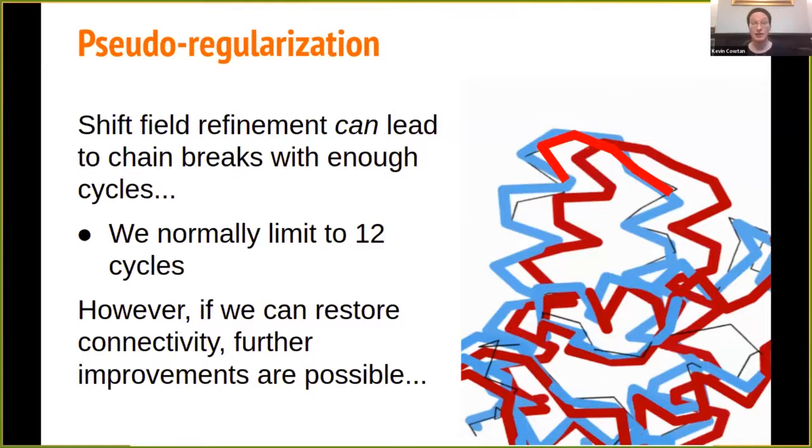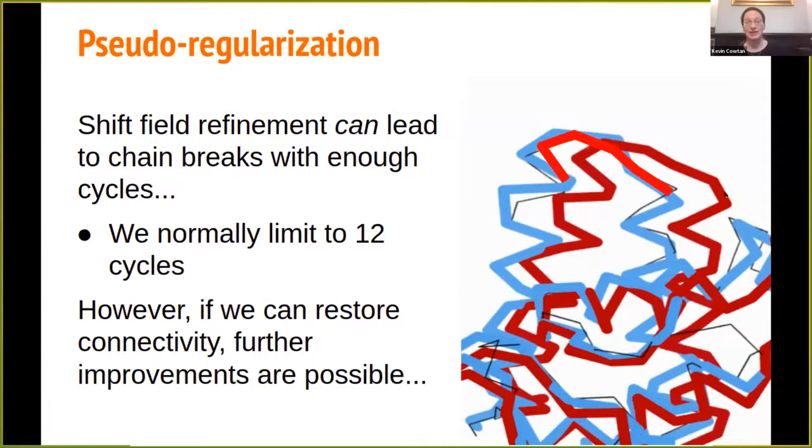So I implemented something that we call pseudo-regularization. So here was our initial model in this dark color, I guess is red. And then in light blue is what we got out of the first 12 cycles of shift field refinement. The thin black lines are actually the true structure.